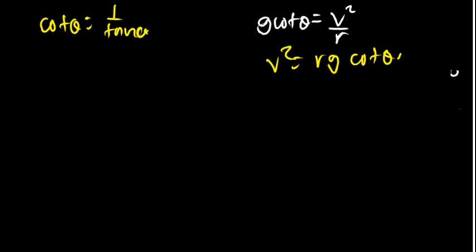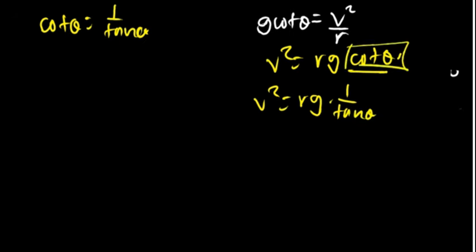Therefore, I can replace cot theta with 1 over tan theta. So v squared is equal to rg times 1 over tan theta. The reason I'm doing this is because we don't have cot on the calculator, so it's not possible for you to punch in cot.